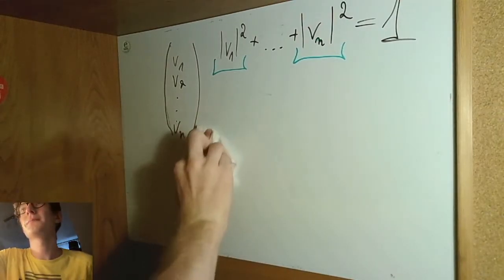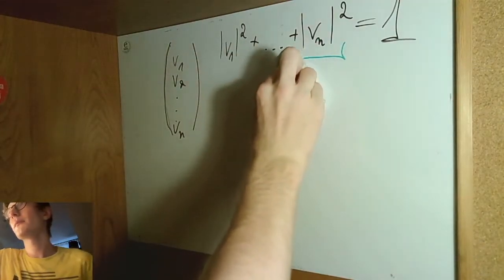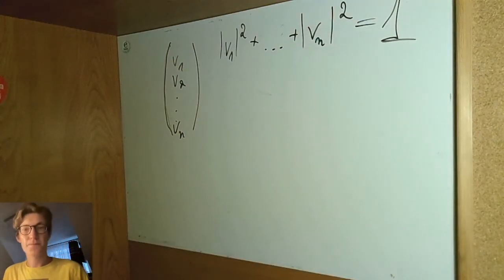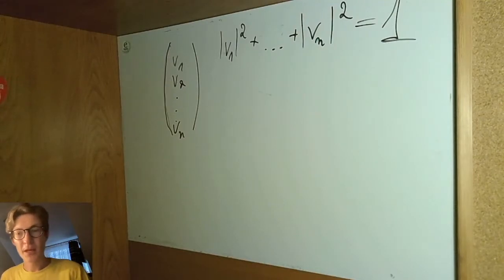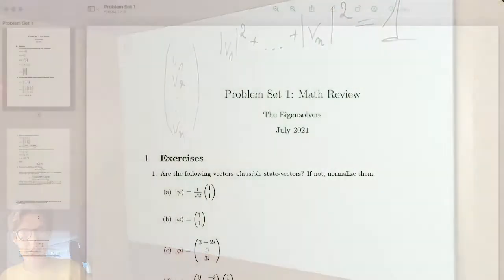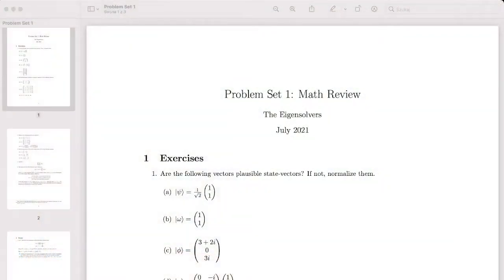So if a vector holds this condition, we know that it describes some quantum state. So we just want to check whether these vectors satisfy this condition.